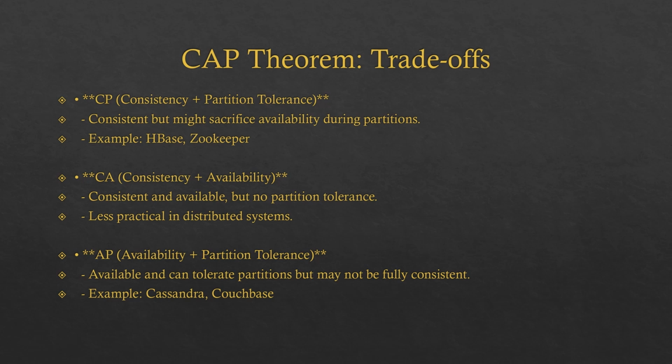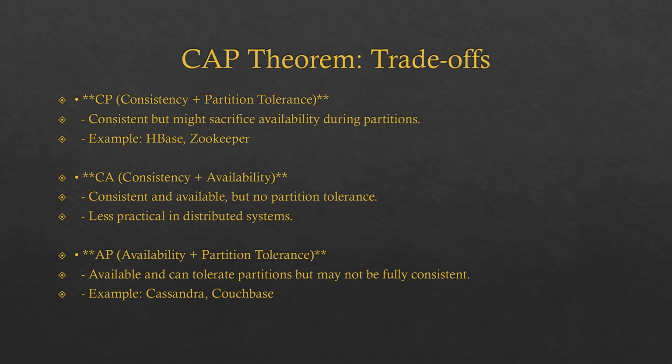Let's break down the trade-offs based on the CAP theorem. CP. Consistency plus partition tolerance. Systems like HBase or Zookeeper prioritize consistency and partition tolerance but may sacrifice availability during network partitions. CA. Consistency plus availability.